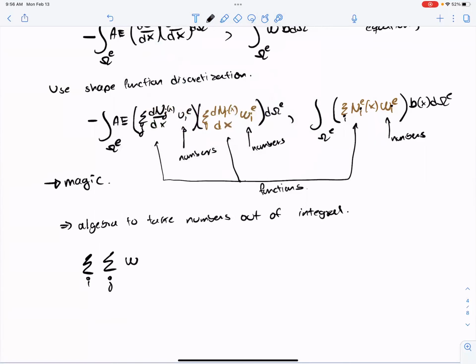Okay, so I'm going to end up with a sum over I and a sum over J of Wi times minus AE integral.